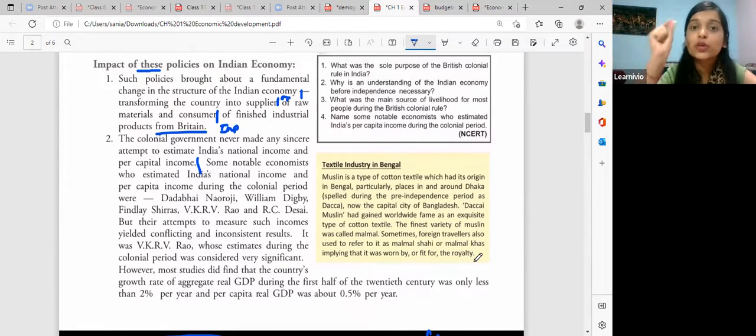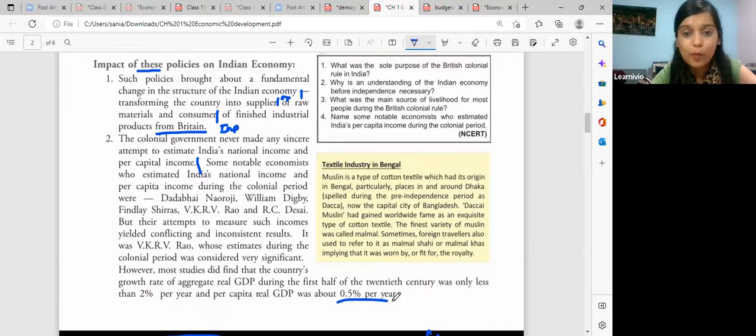Out of 100, the growth rate was only 2%. It was not even 10%, not even 20%, and 50 is very far. 2% per year, and per capita GDP was 0.5% per year. So can you see what the growth rate was? The condition was very poor. But the Britishers never made any sincere attempt to estimate India's national income.